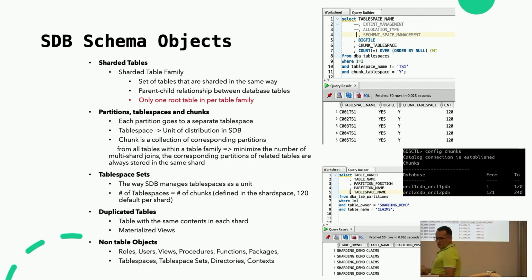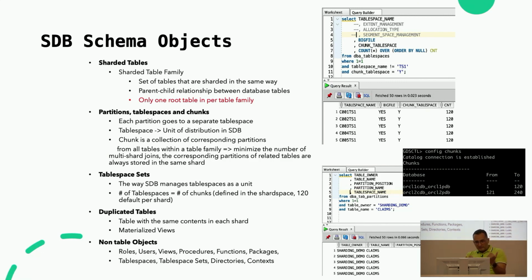So what is a chunk? Now we have another new element in the picture. A chunk is a collection of corresponding partitions from the same table families. And why is this important? Because this is the single unit of replication that Oracle uses on the backend. We can have a table family called, I don't know, invoices, with a bunch of parent-child referential integrity columns, stored on one particular tablespace set.